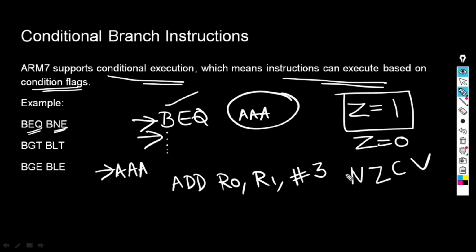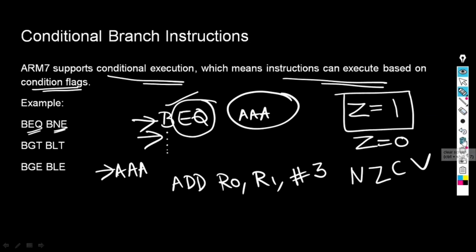Based on the content of these flags, it is determined whether the branch occurs or doesn't occur. Based on these conditional codes, which in turn depend upon the different conditional flags, it is determined whether the branch occurs or doesn't occur. So this was about the conditional branch instruction, which is nothing but branch itself, but which works based on a certain condition.